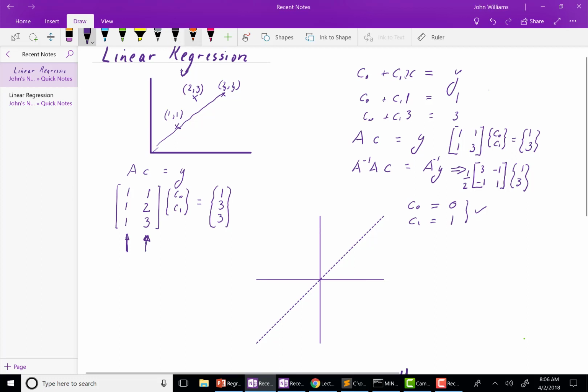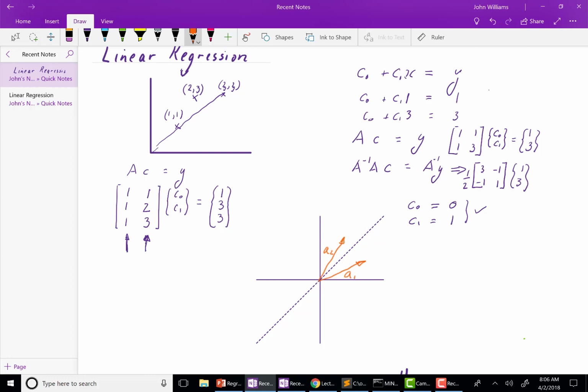I'm going to draw that, and it goes through 0, and it'll be some vector like this. Call that A1. And this second vector, 1, 2, 3, will be another vector in 3D space. Call that A2. Together, these two vectors determine a plane. We can reach any point in that plane by combinations of A1 and A2 times some multiple.